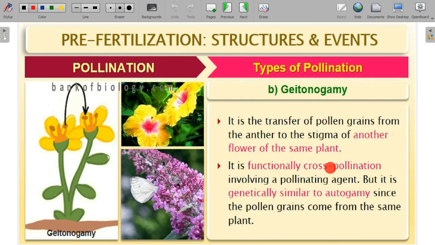It is functionally a cross-pollination, involving pollinating agents, but genetically it is like self-pollination, similar to autogamy, since the pollen grains come from the same plant.